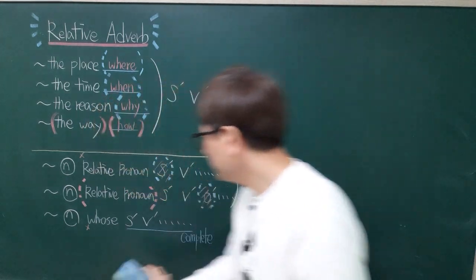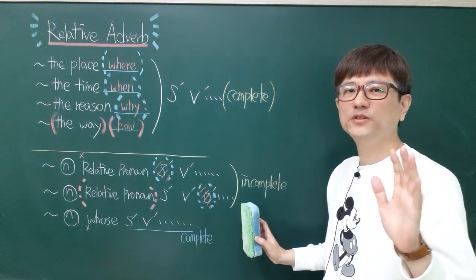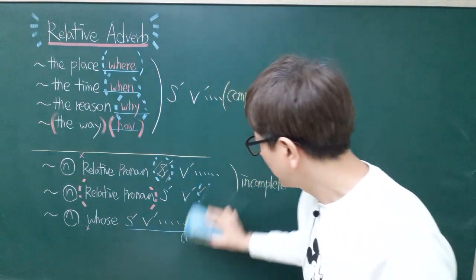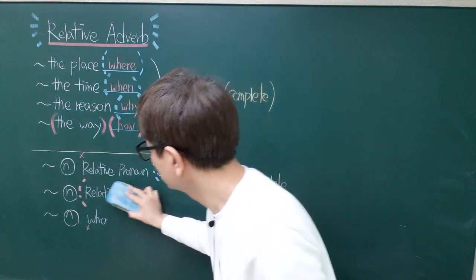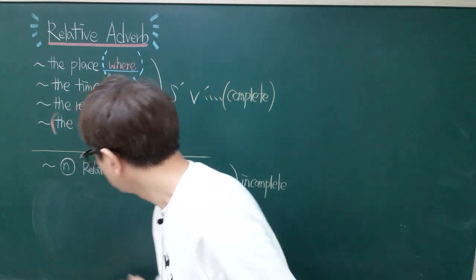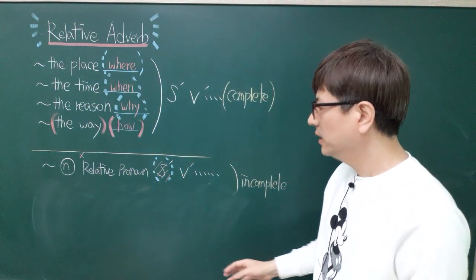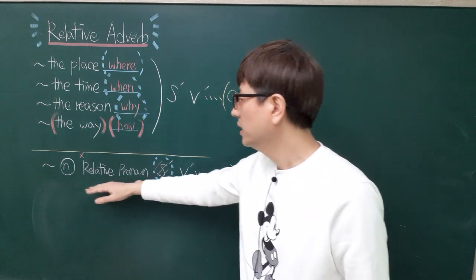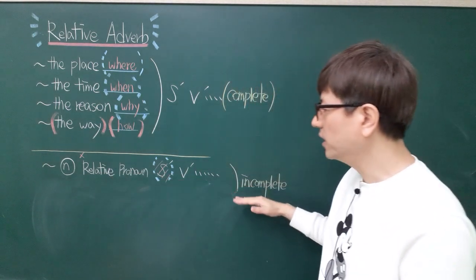Okay. Then just before letting you go, there's one more thing I want to talk about. Look at this. As I said, in this case, we can't omit the relative pronoun. Omission is impossible in this case.